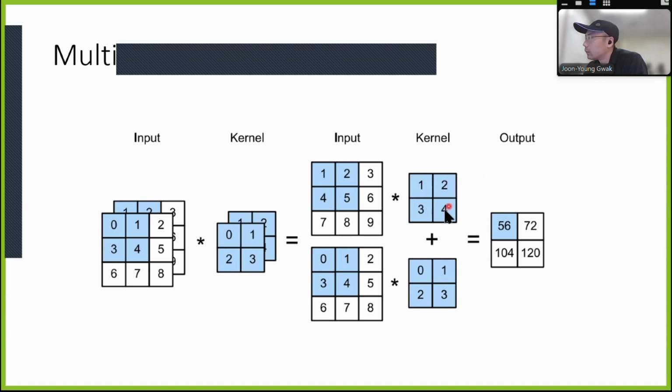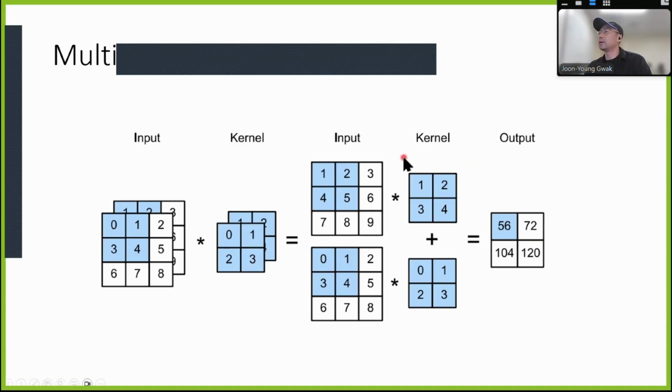Is my red pointer visible? Yes, it is. And the counterpart will also be computed, and the two are added to get the scalar output 72. For the stride, is there a stride going horizontal and vertical?